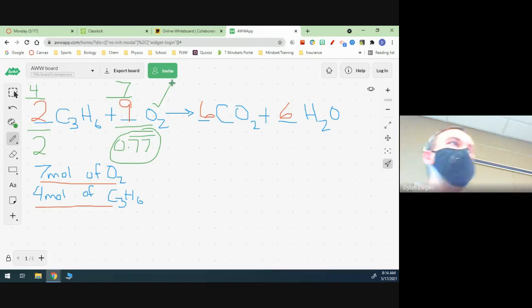Now, bonus question. I didn't ask this, but if I asked how much CO2 was made, can anyone walk me through the last step to find out how much carbon dioxide is going to be made if I have 7 moles of oxygen and 4 moles of C3H6?